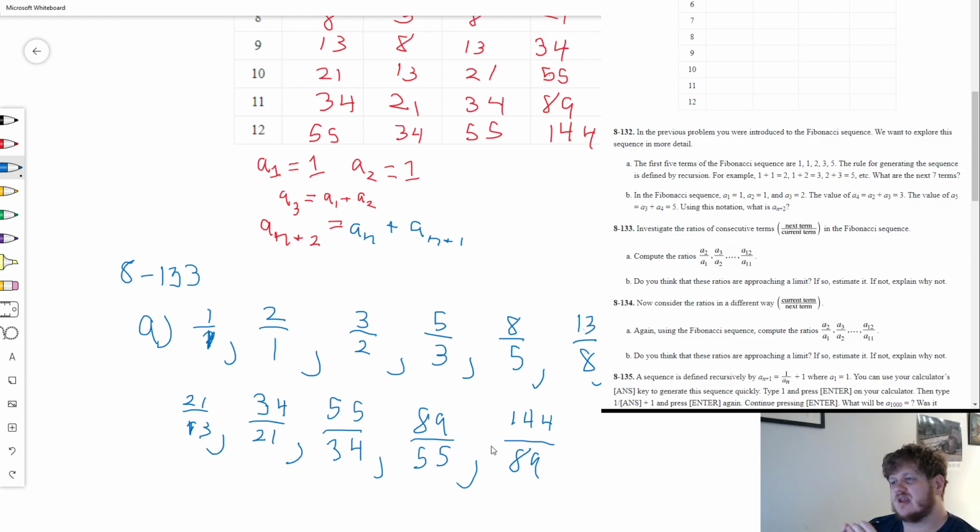Now, if we look at this number, it seems like it might be approaching a specific number. Because we went to 1, and then it went to 2, and then it went down from 2 to 1.5, and then 1.66, and then 1.6, and then up again.